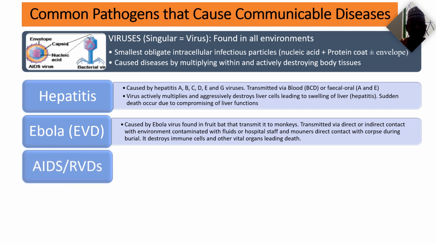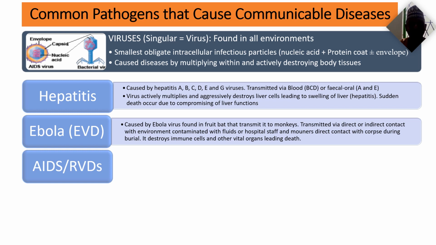Now, the next type of common viral disease in the environment is acquired immune deficiency syndrome. This is a general name referred to diseases that occur as a result of the deficiency in the immune system.